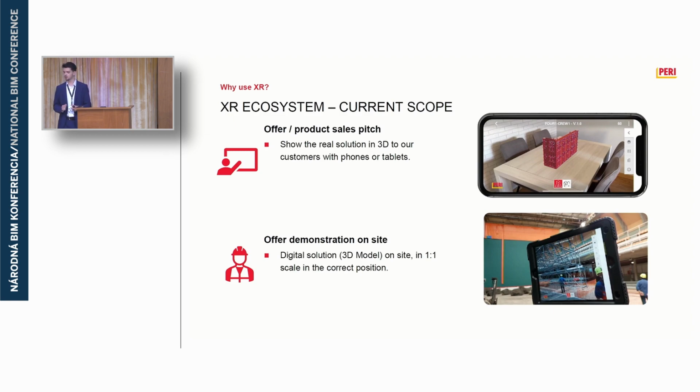Then another nice use case is the offer demonstration on site. So it's a lot of time the case that for scaffolding projects where you have an existing building, like in industry, for example, there could be a lot of clashes and everything. And most of the time you have a nice 3D model to do your design on, but sometimes there can be some parts missing.